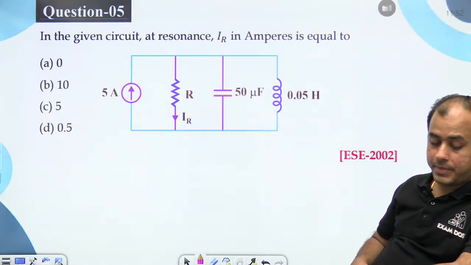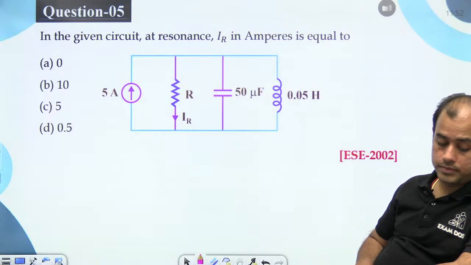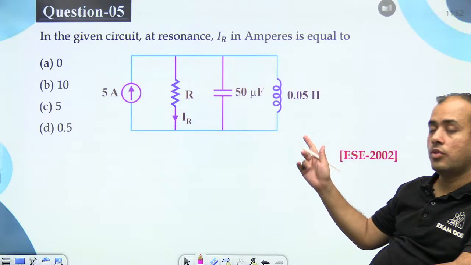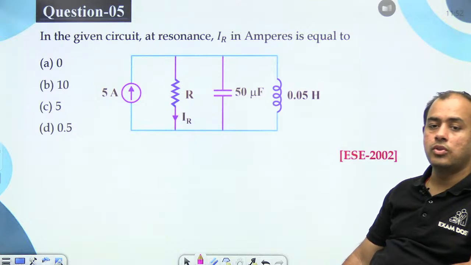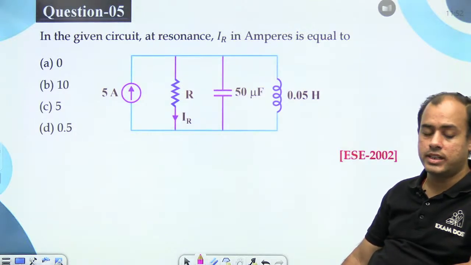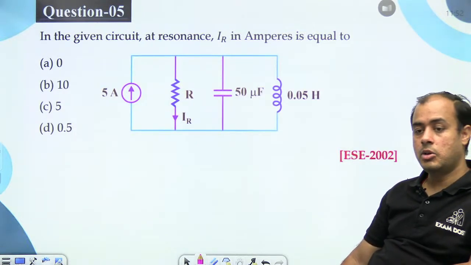IR in ampere is equal to, at resonance, what is IR? ESE 2002, what is IR at resonance? Come on everybody.